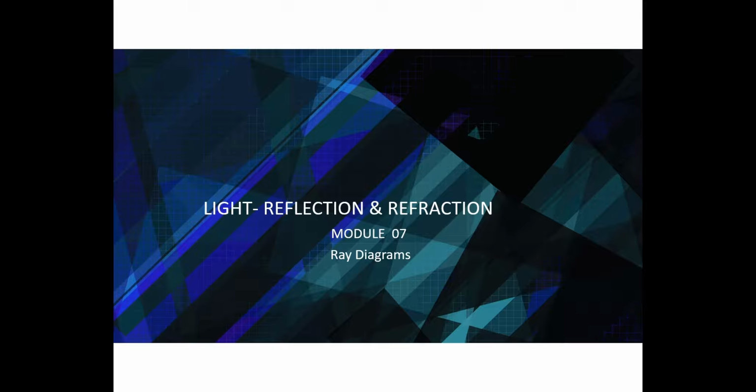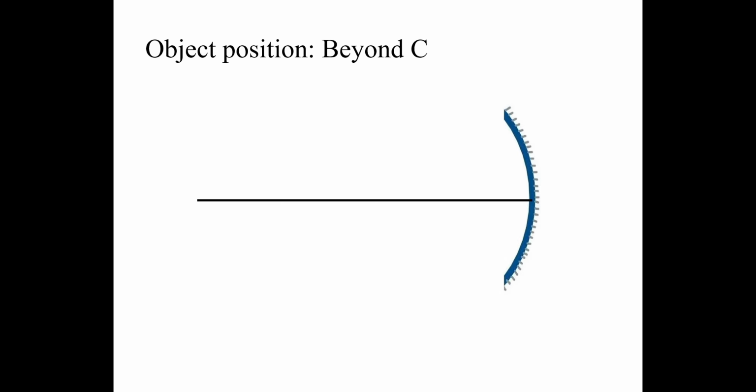Okay, let's continue. Our second object position is beyond C. So here we will be discussing the concave mirror with the object beyond C. Draw the principal axis, mark P, F and C on your diagram.